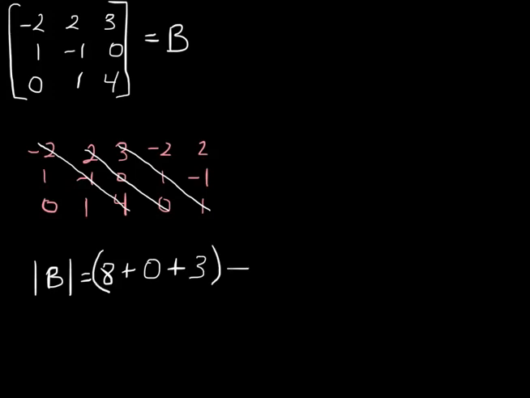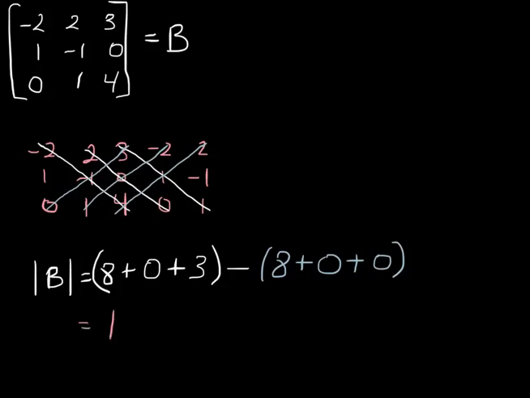Minus. Now let's go the other direction. 2 times 1 times 4 is 8. Negative 2 times 0 times 1 is 0. And the third is 3 times negative 1 times 0, which is 0. It's nice when there are zeros in there. So the determinant of B is equal to 8 minus 0, which is 8.